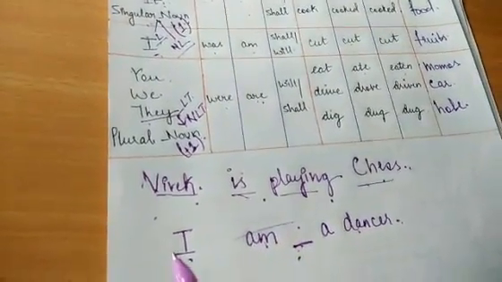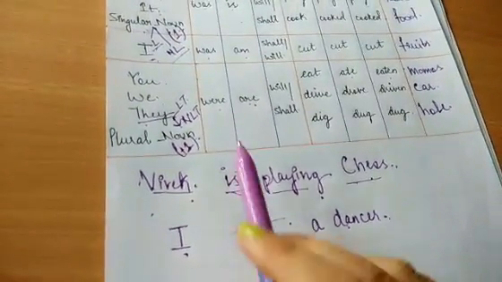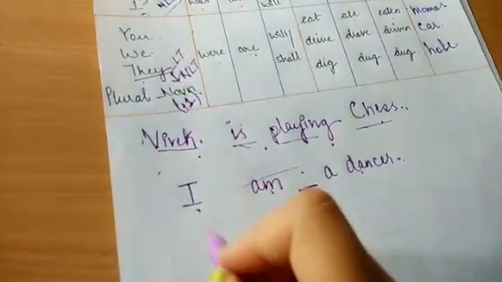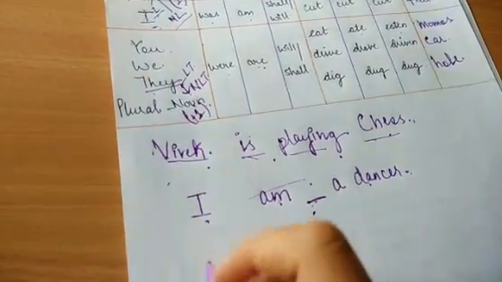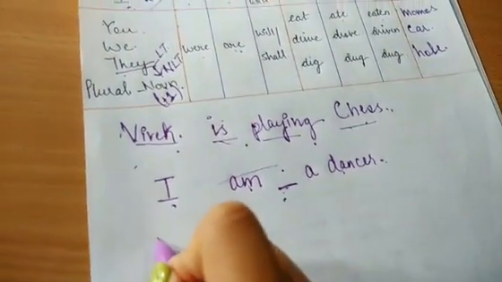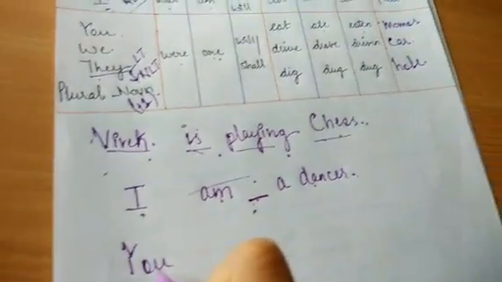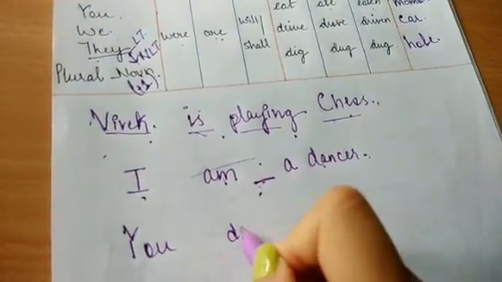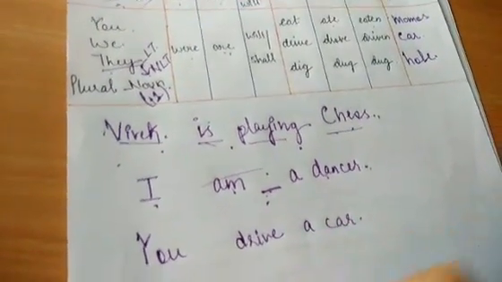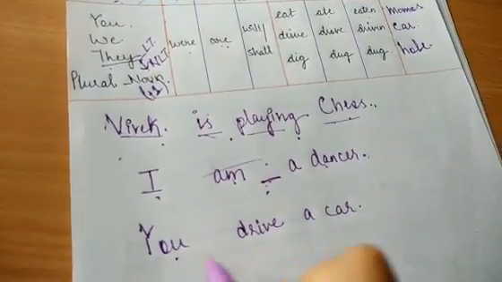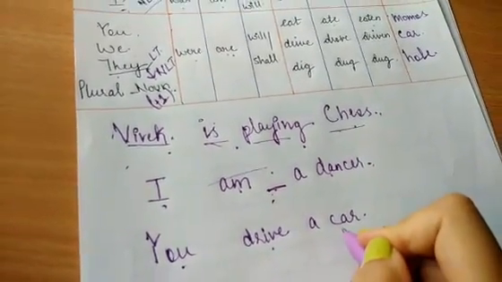Taking another example, let us miss a helping verb this time. The sentence we can form, starting with you, is: you drive a car. Now here I've got a subject, a main verb, and an object.